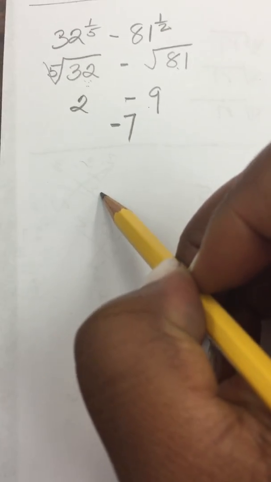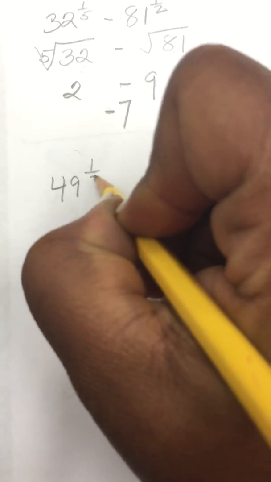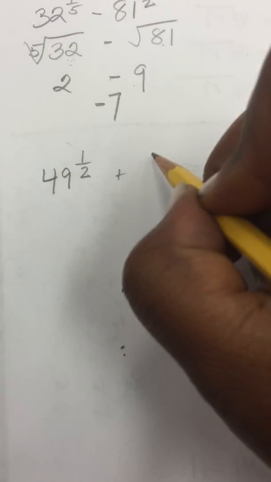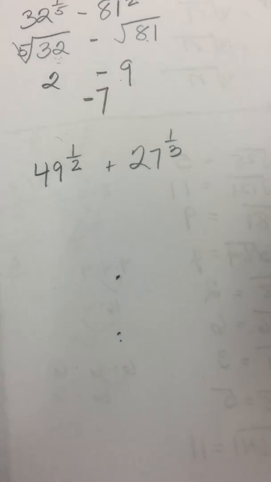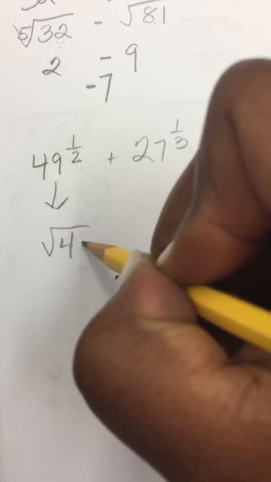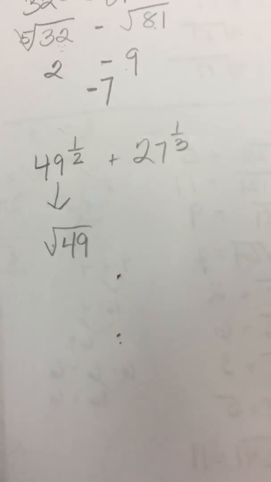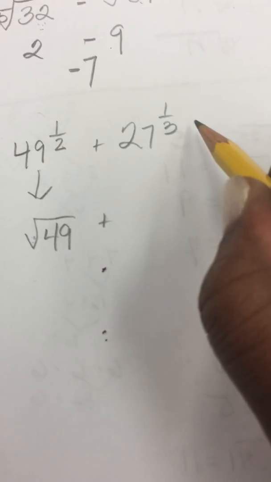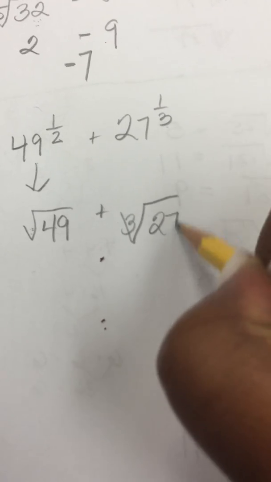Let's do something more interesting. Let's try 49 to the 1/2 power plus 27 to the 1/3 power. Okay? Well, how else can I write that? I can write that as the square root of 49, because remember, whenever there's no number here, it is understood to be a 2, plus the cube root of 27.